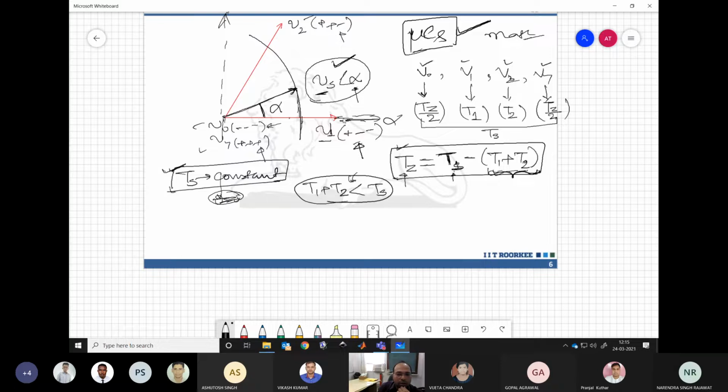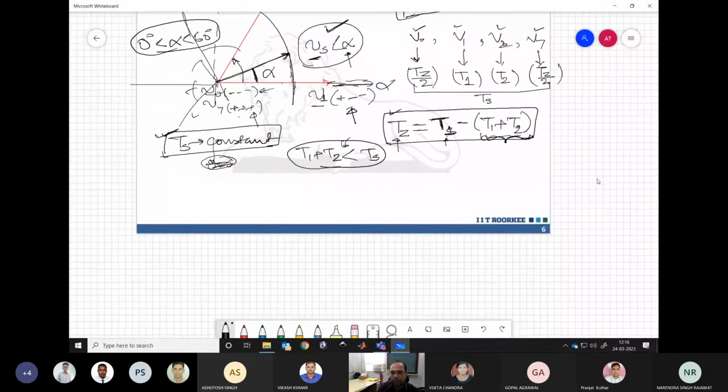That is called sector angle. So sector angle alpha will always be between 0 and 60 degrees. Every sector has that 0 to 60, then 0 to 60, and so on. So we are taking this angle alpha. Now let's compute these time periods.